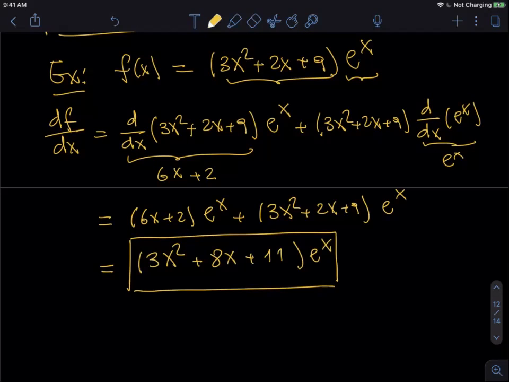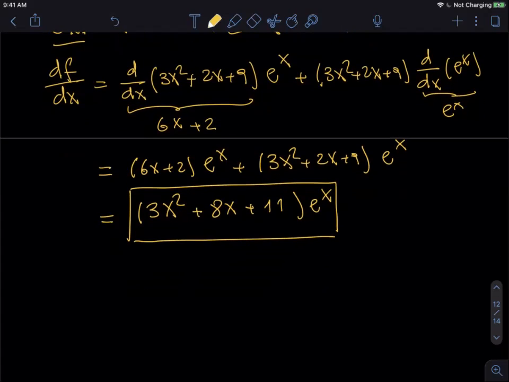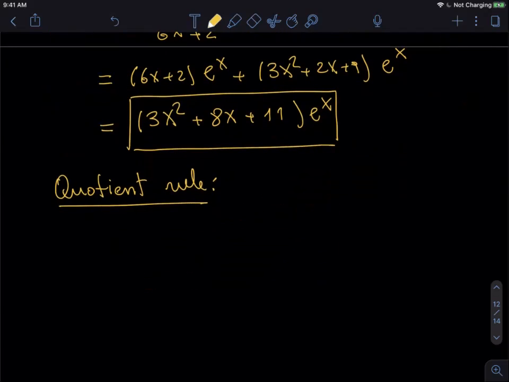Okay. Now, this is for the product. So what is the rule for the quotient? All right. So d/dx of f of x divided by g of x. Obviously, g of x shouldn't be 0.